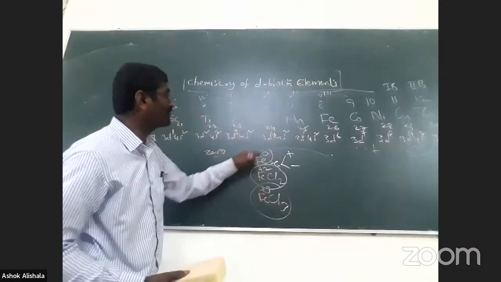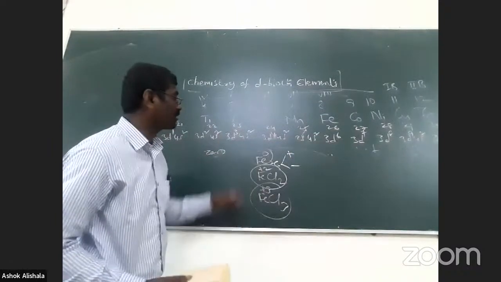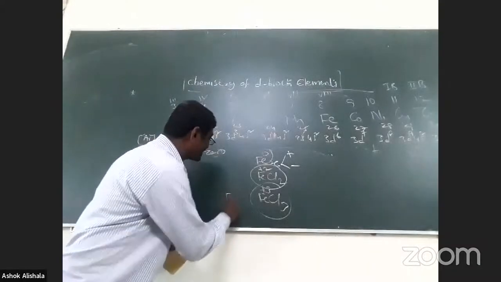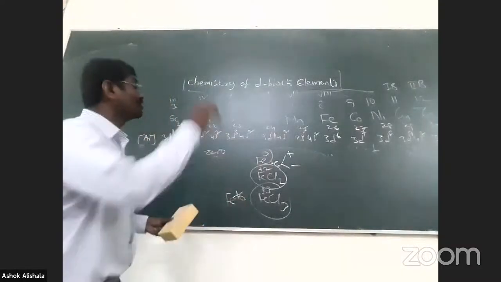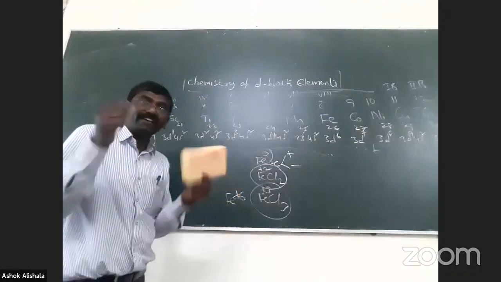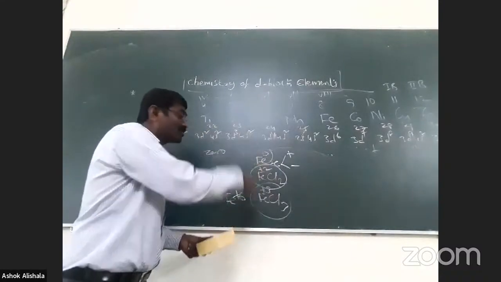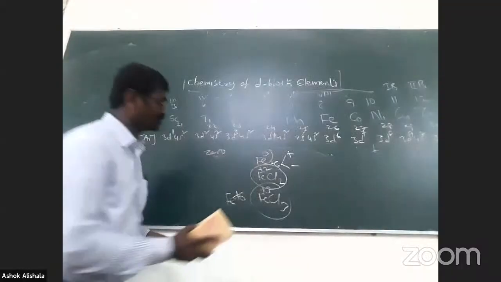If you observe the d-block elements, a beautiful characteristic property of iron is that it is +2 here, +3 here, and somewhere it also shows +6 oxidation state. So this is said to be variable oxidation state. Variable oxidation state is the ability of an element to exist in different oxidation states in different compounds.